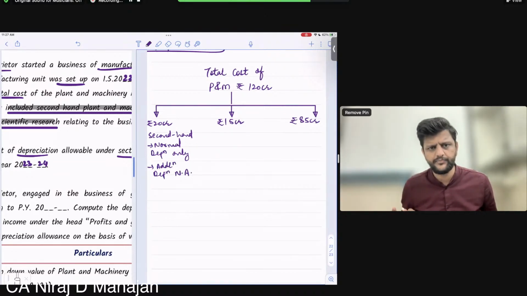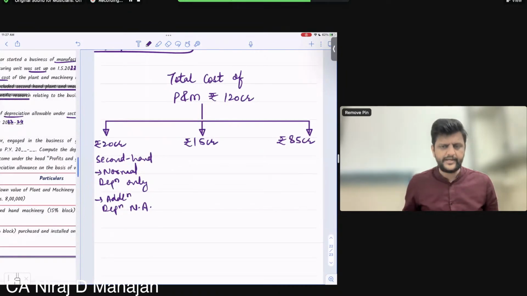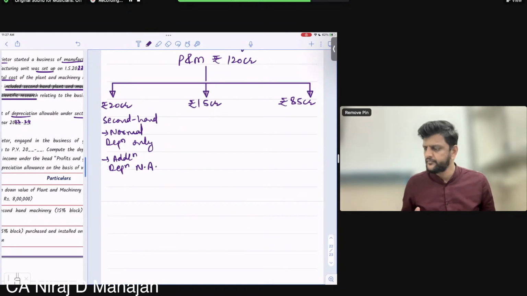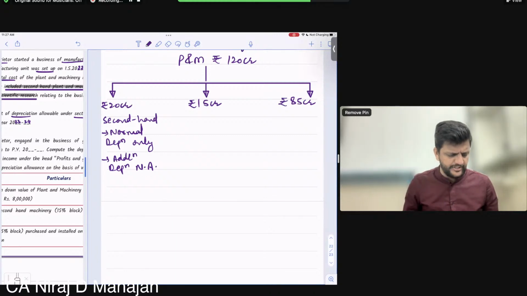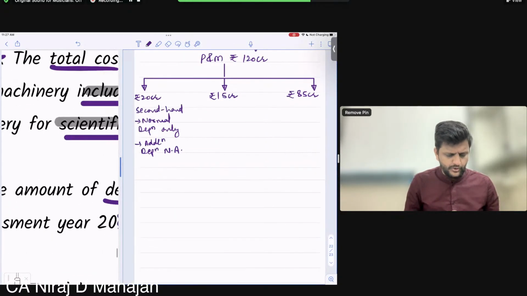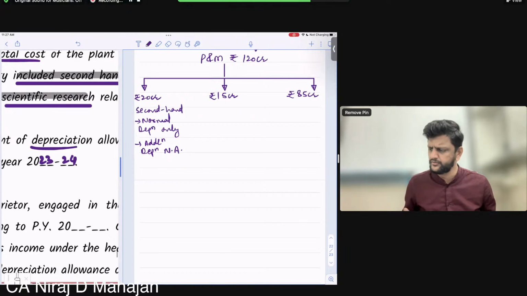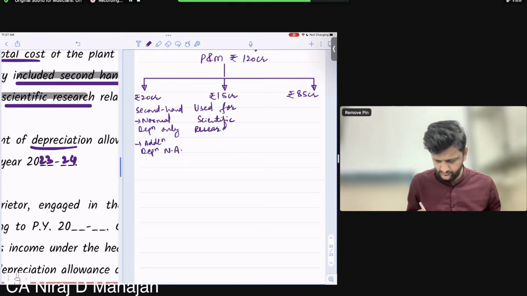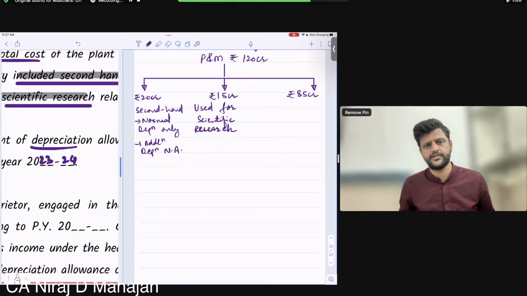Understood earlier? Second hand means what? Only normal depreciation will be allowed, additional depreciation not allowed. Okay, fine. The 15 crores asset, plant and machinery, was used for scientific research. Fine till here?